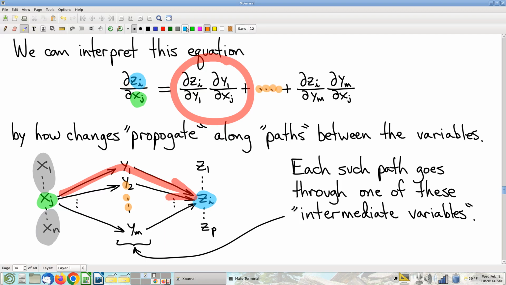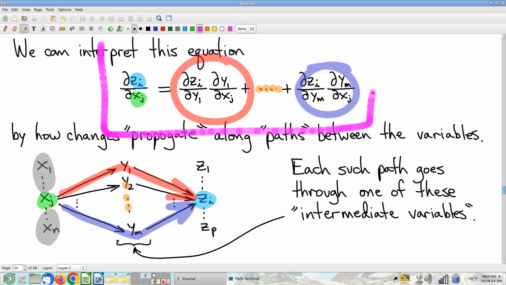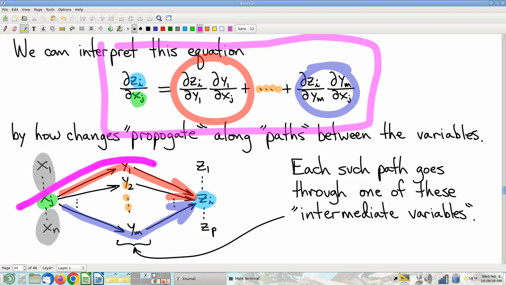And then eventually, lastly, we'll look at that path, which corresponds to this term. So this entire equation here is really just a representation of how changes propagate from the input variable to the output variable by way of the different intermediate variables. What do you think?